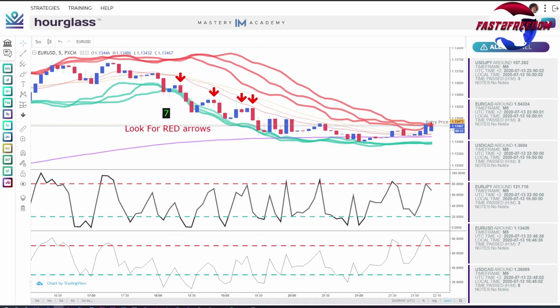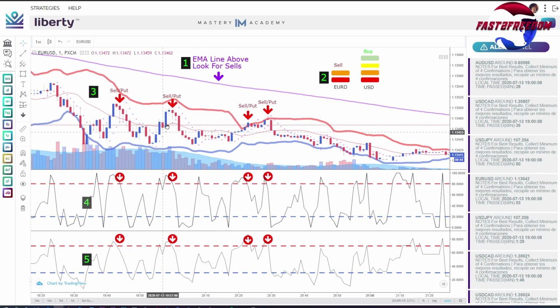Okay, so every time you see this pullback, you see these blue candles coming up. Well, this is the pullback on the 1-minute chart happening here. So it passes up through the middle of the Bollinger Band, comes up and gives us, wait for it, 1, 2 cross downs. Okay, so we're looking for sell setups.